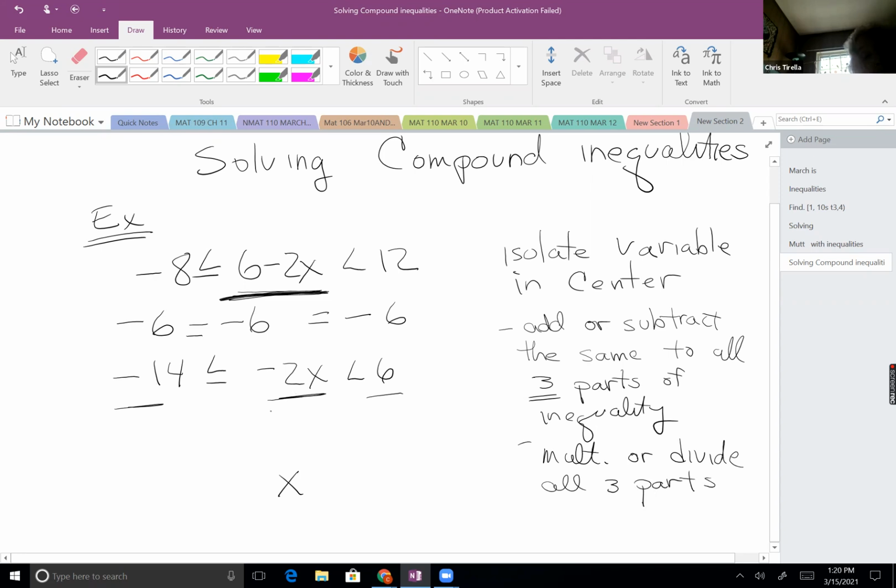Here, to get the x alone, I'd have to divide by -2. But you have to, again, remember to change direction if it's negative.